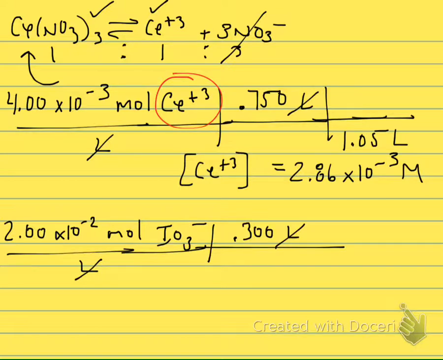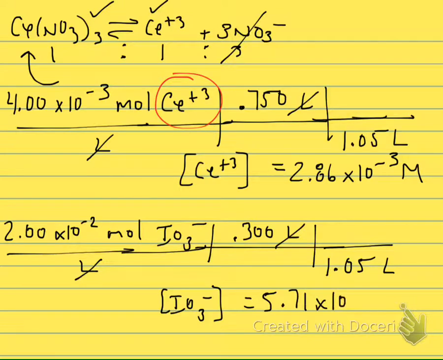So now I have the moles of IO3 minus, but I want to find out the molarity in the whole additive solution now. And this turns out for my IO3 minus to have a concentration of 5.71 times 10 to the negative third molar.